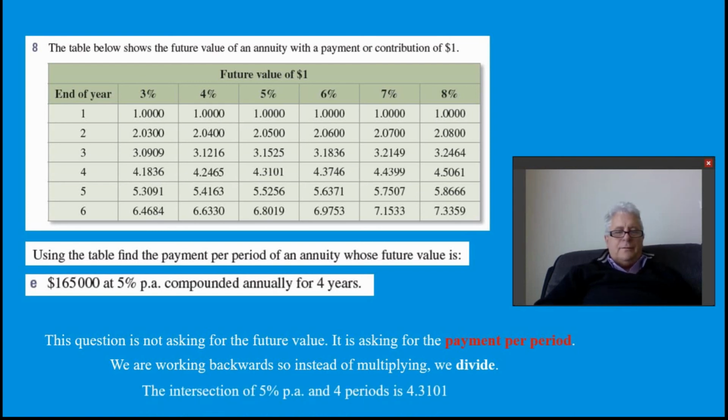Intersection of 5% and 4 periods is 4.3101, as I said. So now we do dividing. 165,000, which is the future value, divided by our 4.3101, gives us a payment per period of $38,282.17. Now there's 3 examples from exercise 7C.